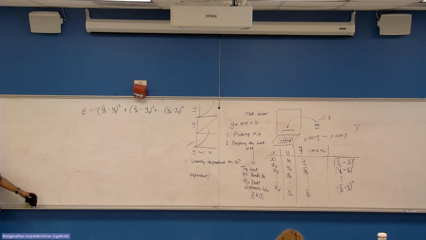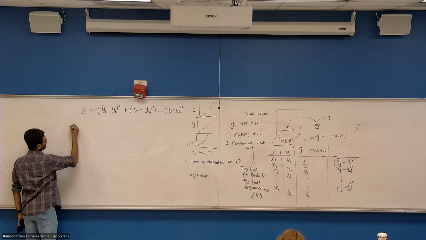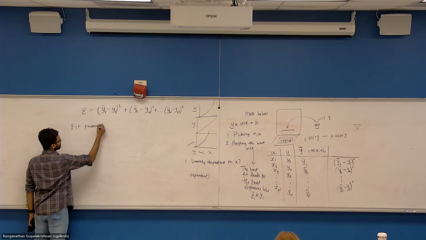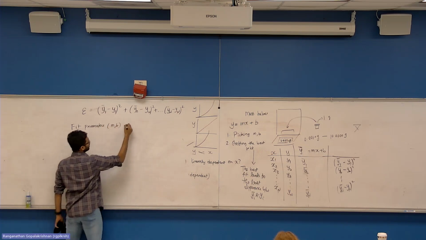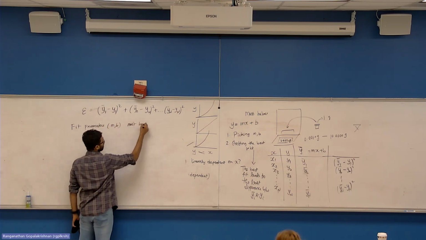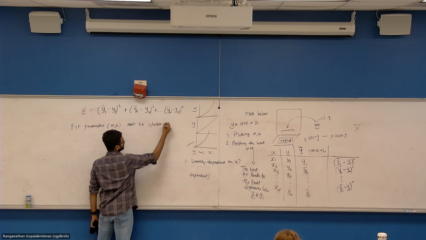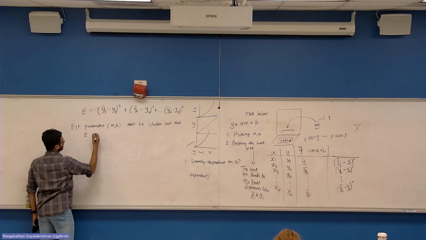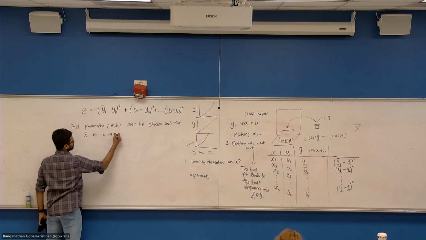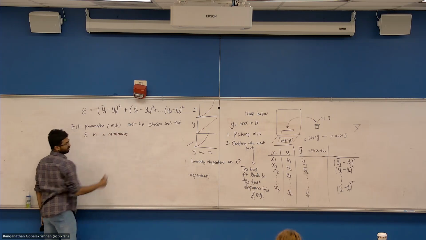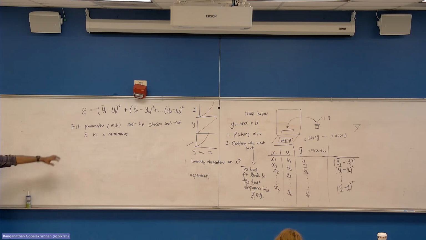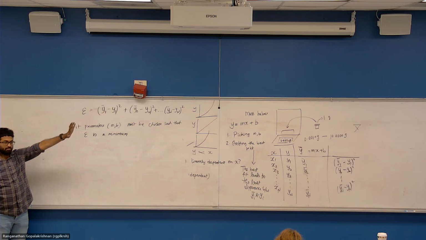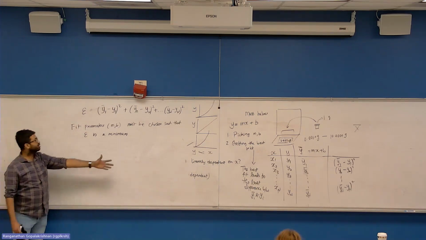Okay. Our simple constraint is the fit parameters m and b must be chosen such that epsilon is a minimum. It will lead to the least possible value of epsilon, the square of the differences. With me so far? And how do you ensure that?